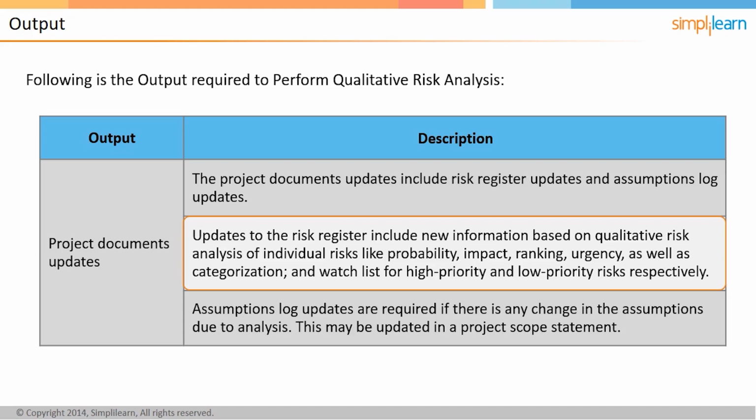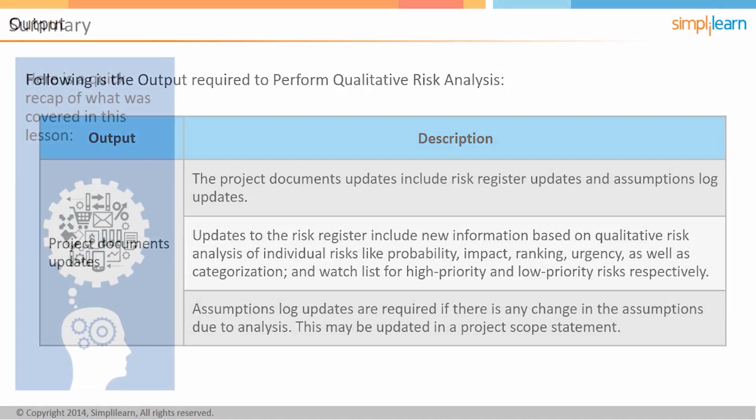It also includes a watch list for high priority and low priority risks, respectively. Assumptions log updates are required if there is any change in the assumptions due to analysis. This may be updated in project scope statement. The prioritization of risks and documentation in the risk register will lead to the next process, which is the quantitative risk analysis process. Let us move on to the quiz questions to check your understanding of the concepts covered in this lesson.